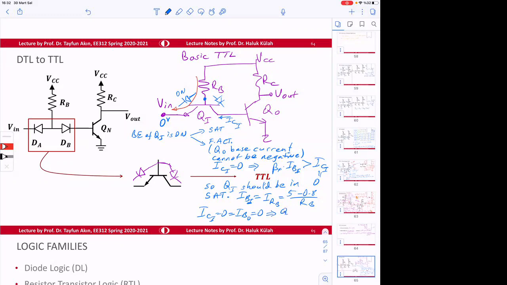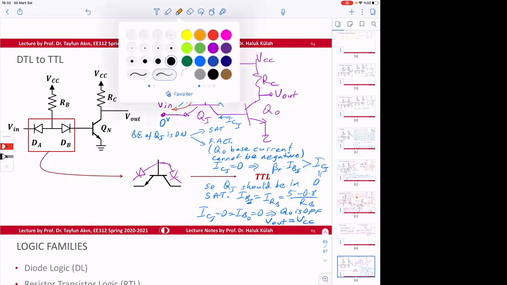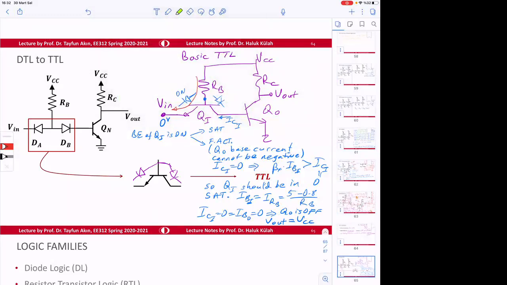Then QO is off. If QO is off, V out is VCC. So we started here with 0, and then output is VCC.